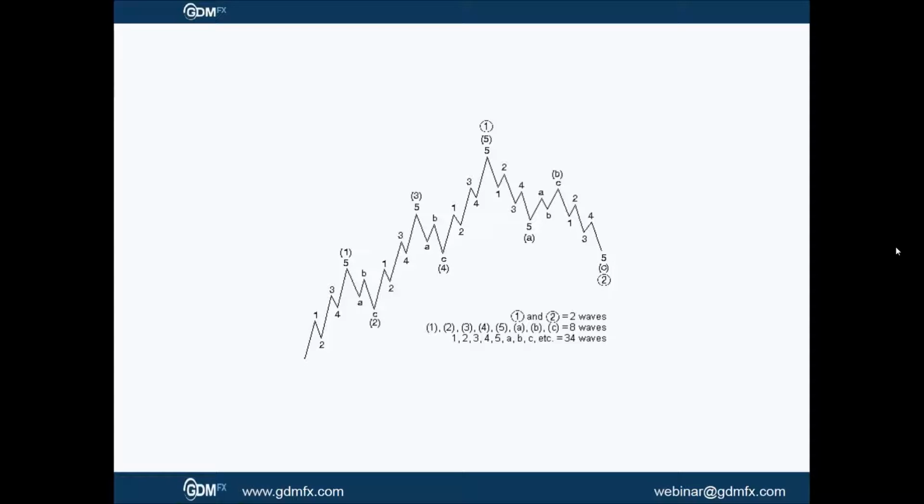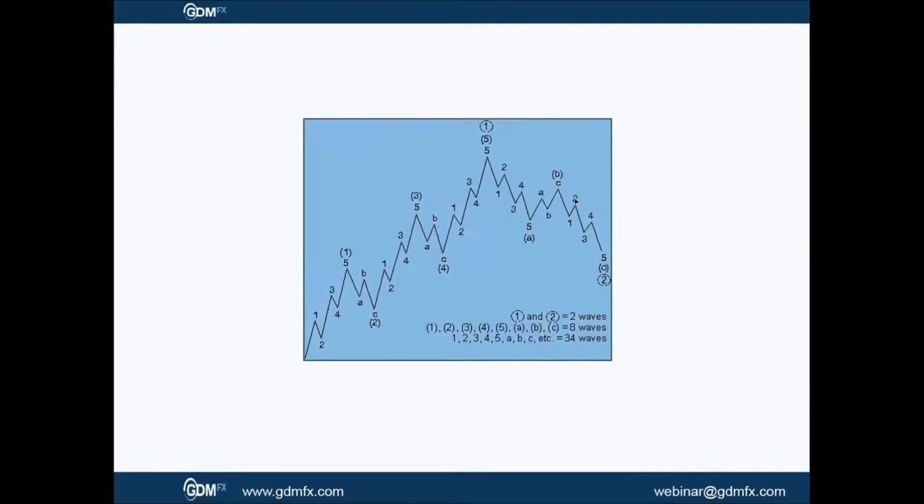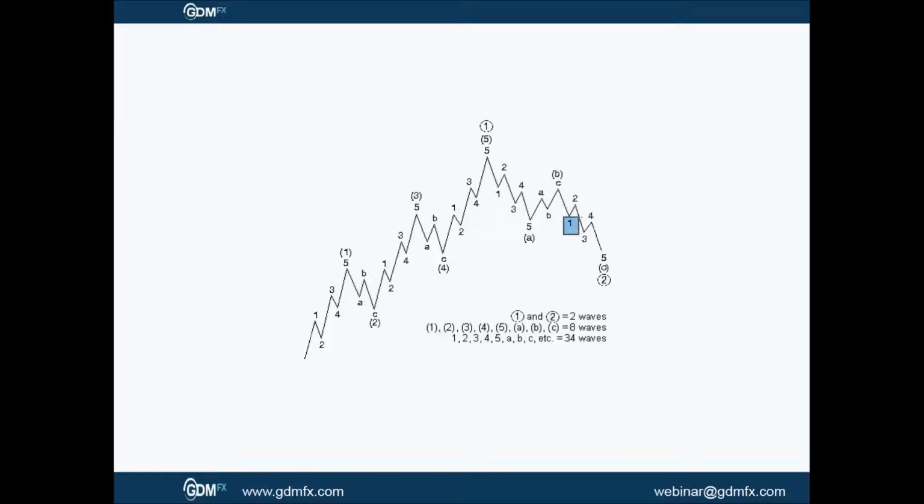Now observe that within the corrective pattern, as we have shown here on wave 2, this one, wave small a, and of course wave C here, which points downward in a downtrend, are composed of waves 1, 2, 3, and 4.